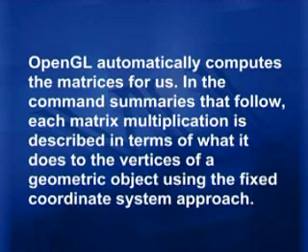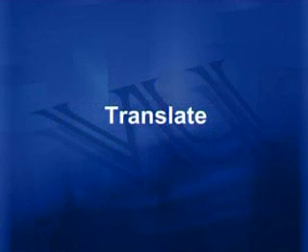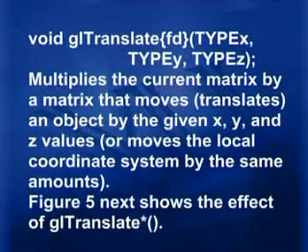In the command summaries that follow, each matrix multiplication is described in terms of what it does to the vertices of a geometric object using the fixed coordinate system approach. First we start with translate. Void glTranslate, its variation can be with f and with d. So we can have glTranslatef or glTranslated with three arguments, x, y, and z.